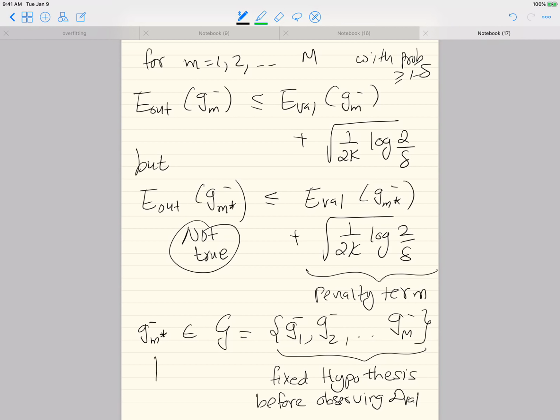Now this output is selected after observing dval. And we looked at this case. This is the case when your hypothesis set is finite. It has m elements and you're allowed to select one adaptively after observing your training set. This was the second case and we used union bound for this, right?